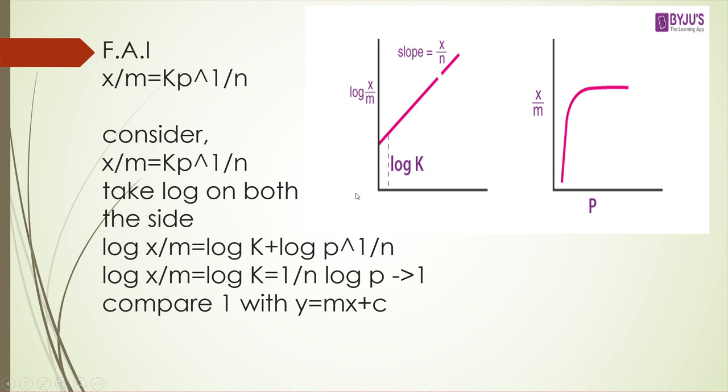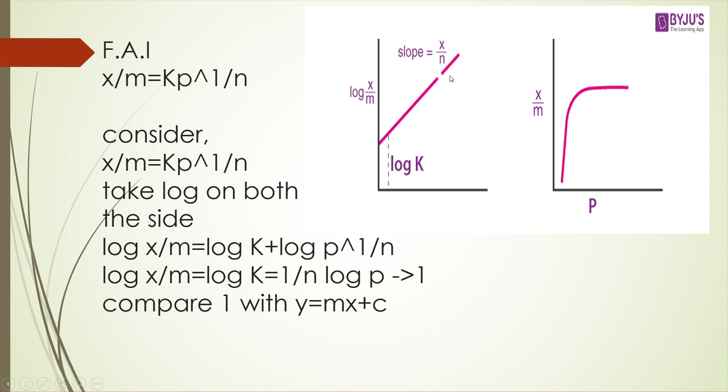Here you can see the graph. When we compare it to the y equals mx plus c expression, we get this type of graph: a graph of log x by m versus log p. This is log p. It should be a straight line. You can see in the graph, this is a straight line.